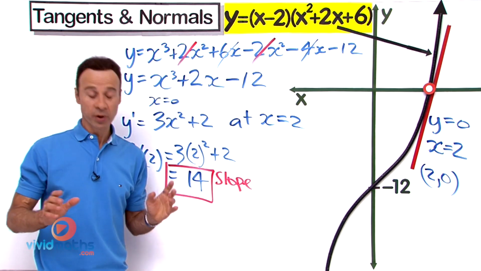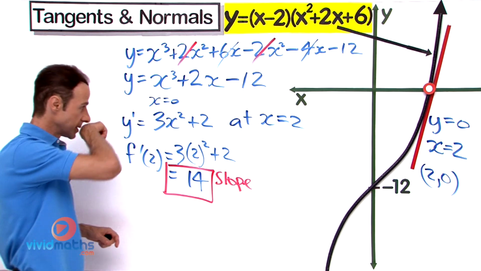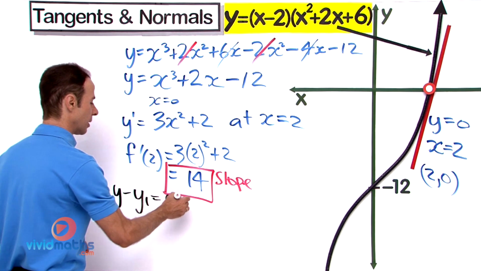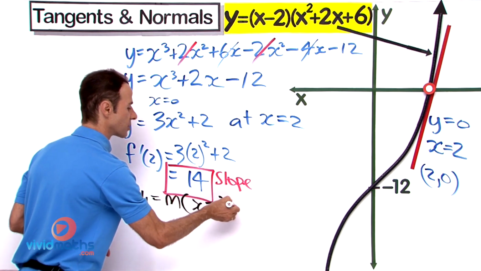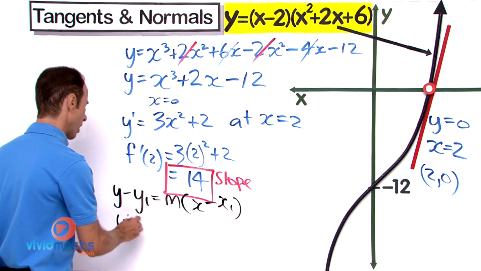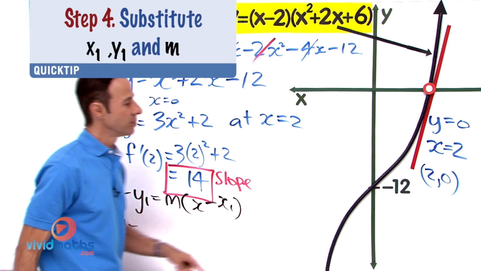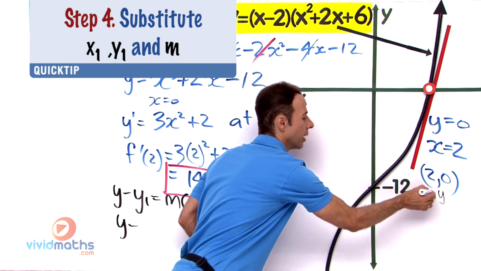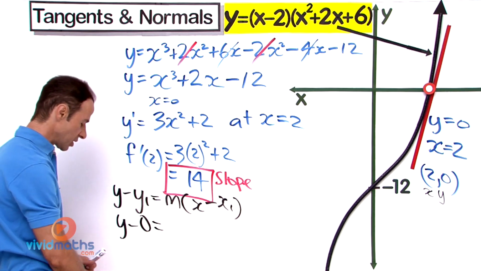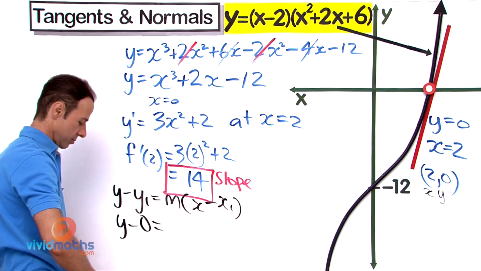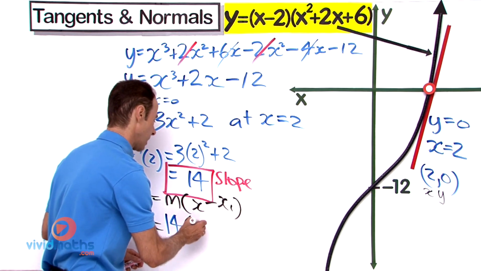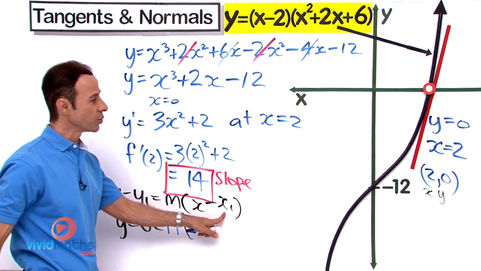So we're going to use the 2-point formula. So that'll be y minus y1 equals m times x minus x1, all in brackets. So all we have to do now is substitute in there. So we have y minus, and y1 is going to be, here's our x and y, 0, which equals m, which is 14. Let me just put that in there. X minus, and our x1, of course, is 2.